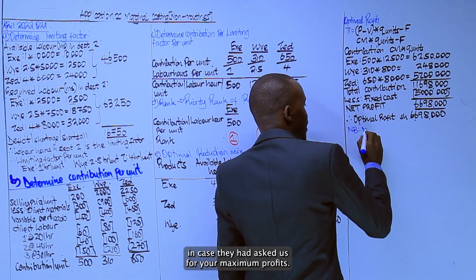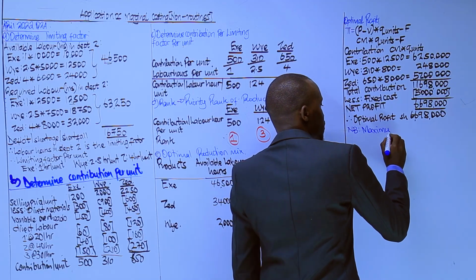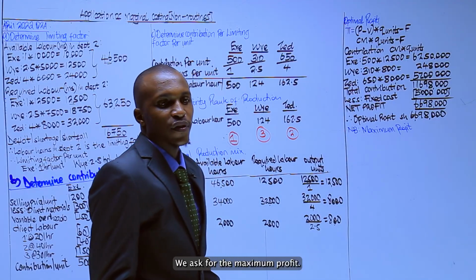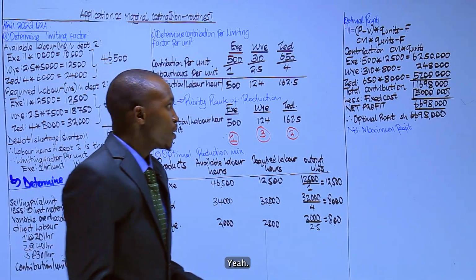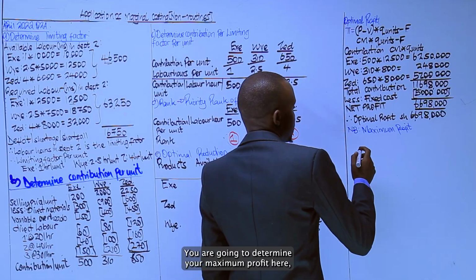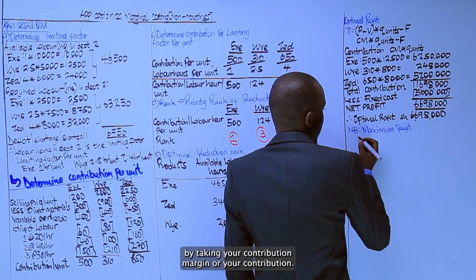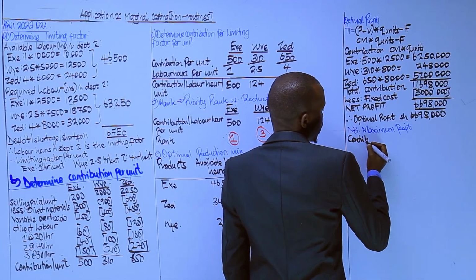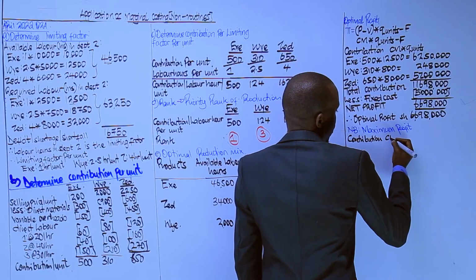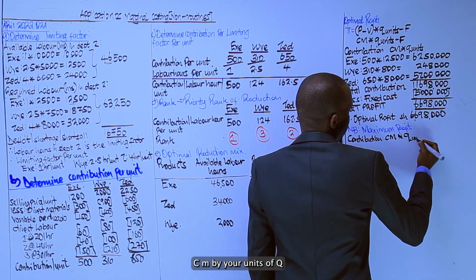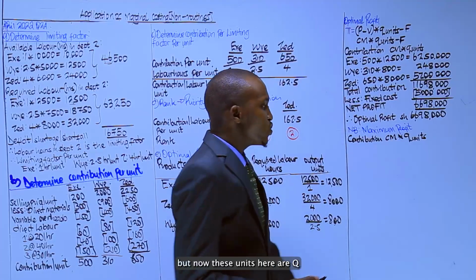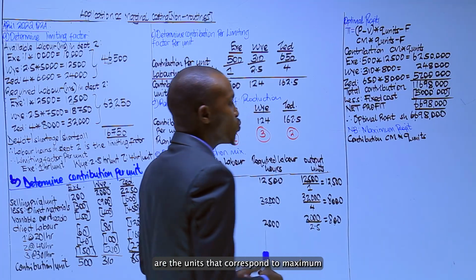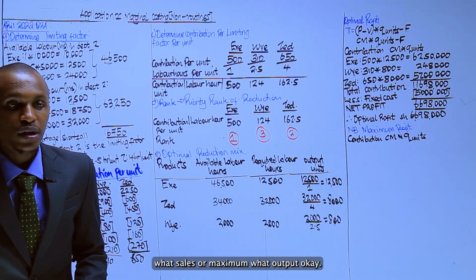Now, in case they had asked us, let me just highlight this, sometimes they may also ask for your maximum profit. In case they ask for the maximum profit, you're going to determine your maximum profit by taking your contribution margin, CM, by your units of Q. But now these units Q are the units that correspond to maximum sales or maximum output.